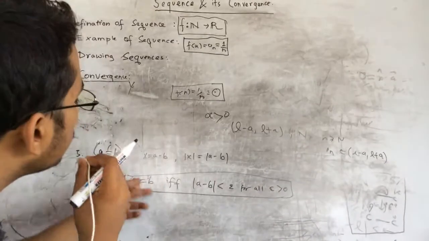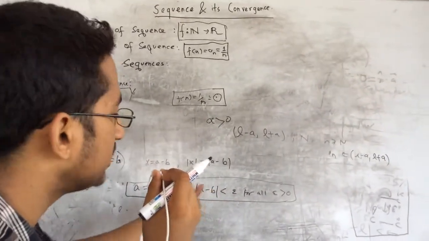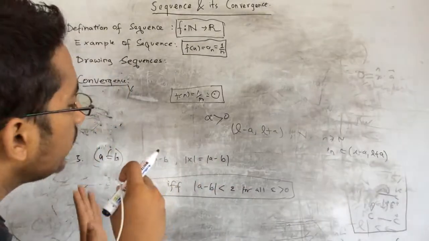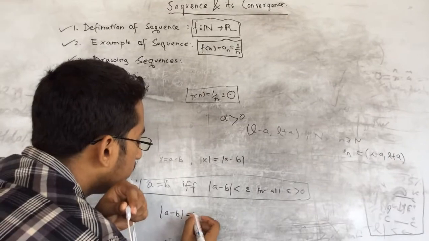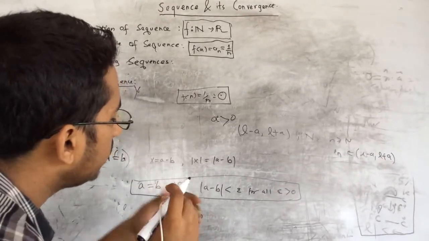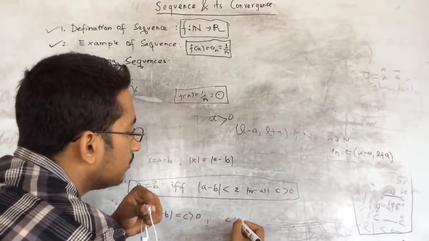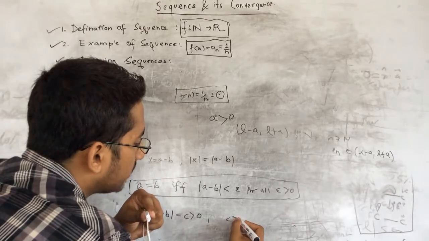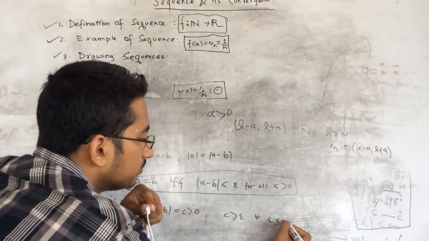One direction is very trivial: if a equals b, then the modulus is 0, and 0 is less than any positive number. Now we need to do the other direction. If a is not equal to b, then the modulus must be some positive number c, and we can prove a contradiction, since c cannot be less than epsilon for all epsilon less than c.